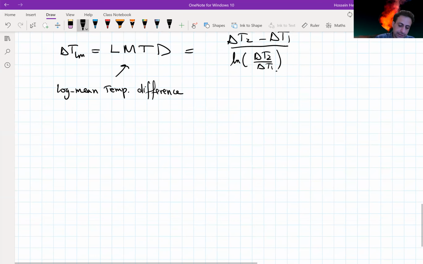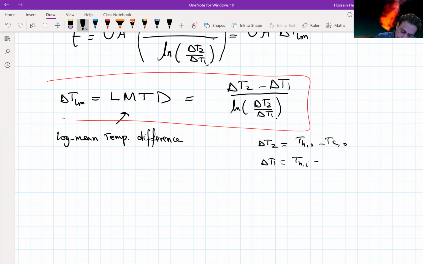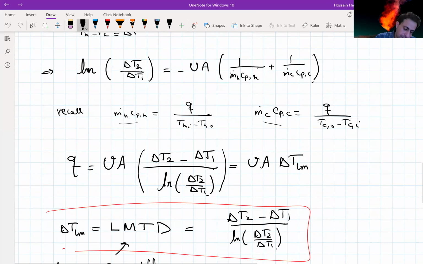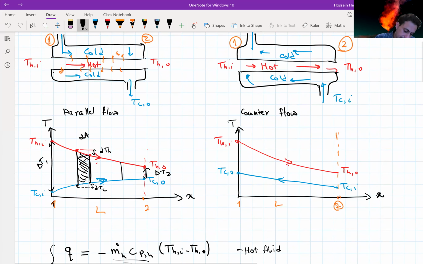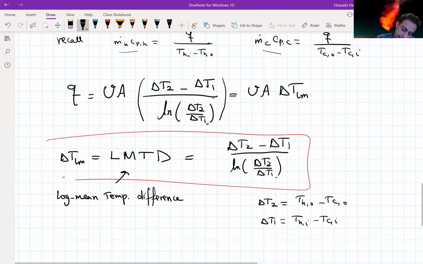This is in general, and for parallel flow, delta T2 was Tho minus Tco, and delta T1 was Thi minus Tci. I'm just looking at the temperature difference at point 1 and at point 2.